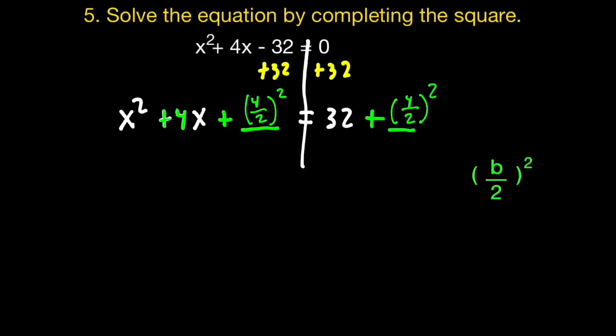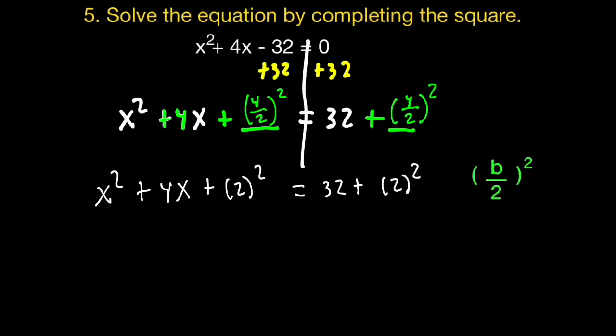On the left hand side, I now have the perfect square trinomial x squared plus 4x, and simplifying what's inside of the parentheses, 4 over 2 is going to give me a 2. And then we have quantity squared. That's going to equal 32 plus 2 quantity squared.